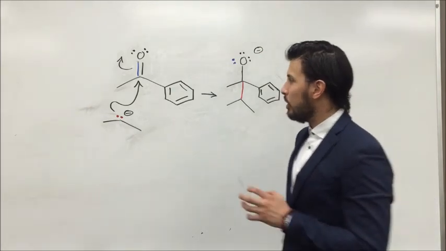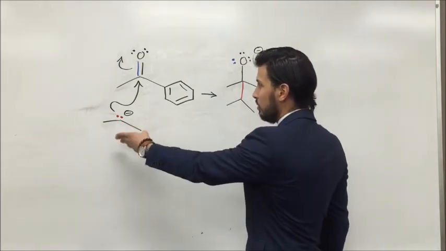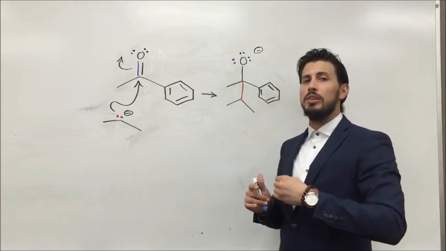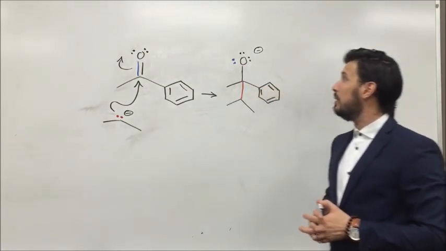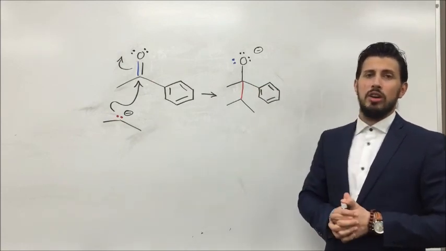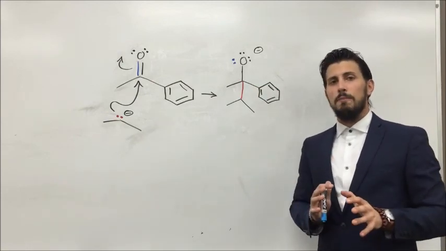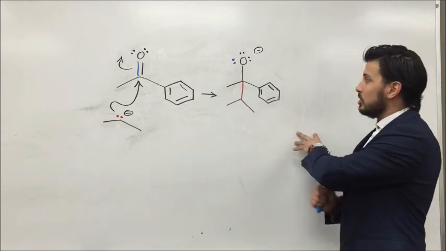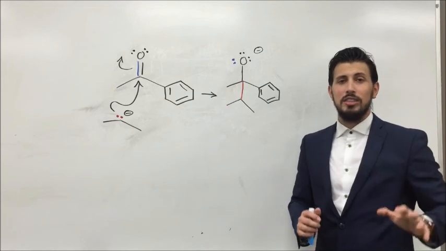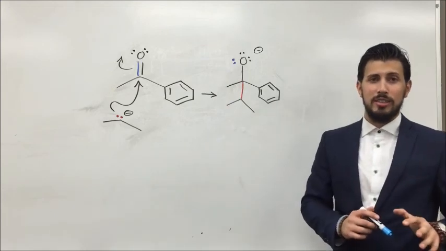If you notice, what we have here is a negative charge, a nucleophile, attacking this carbonyl carbon. Move the pi bond up as an electron pair to that oxygen, giving that oxygen a negative charge. Usually the step after this, because remember, you don't want to end up with a negative or a positive anywhere as a final product.